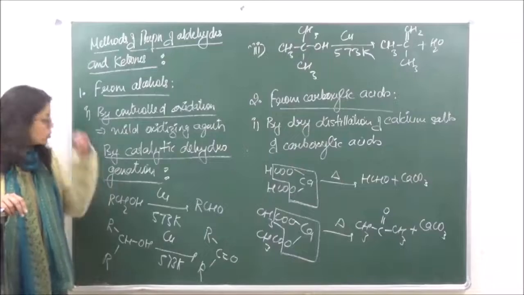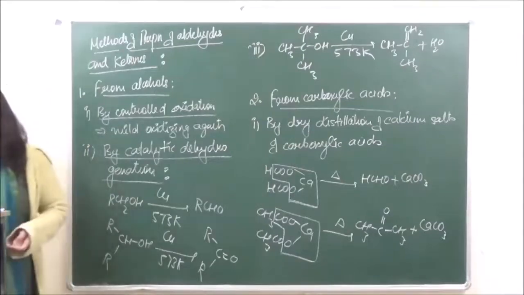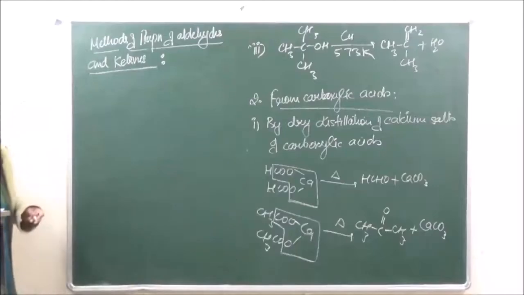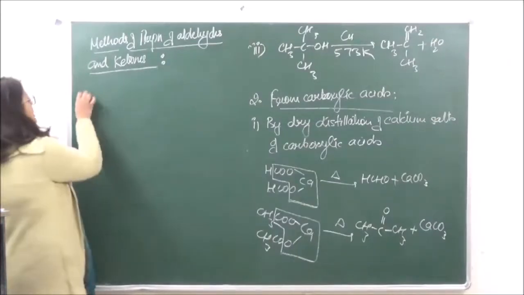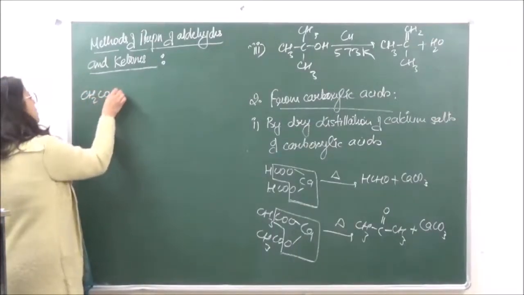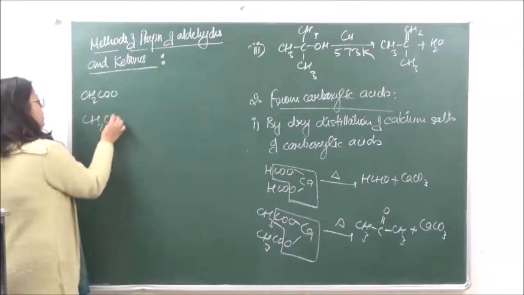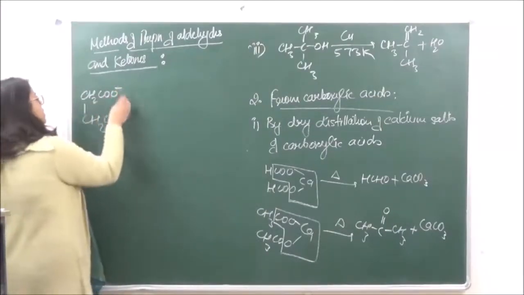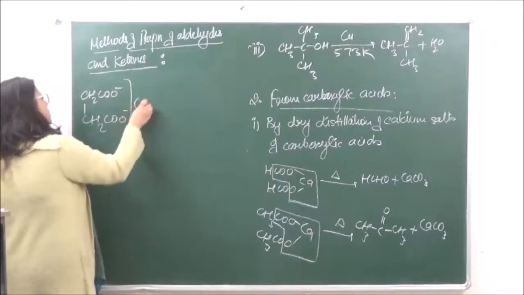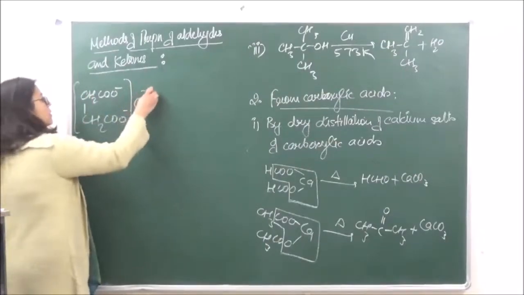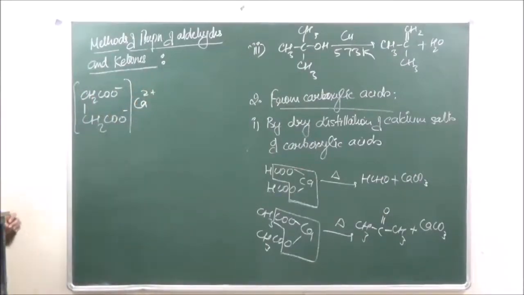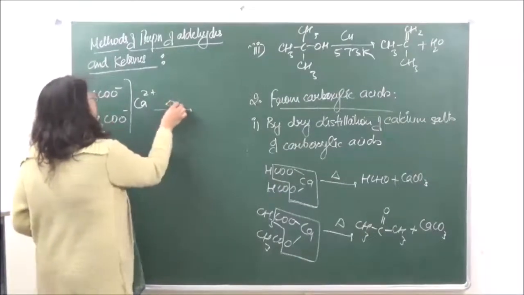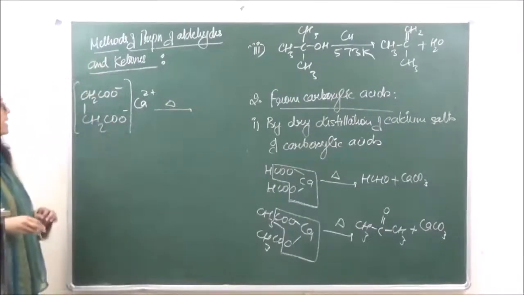Cyclic ketones may also be formed if we are taking calcium salts of dicarboxylic acids. We are taking over here calcium succinate. This is going to be calcium succinate. Okay, so this is going to give us a cyclic ketone.